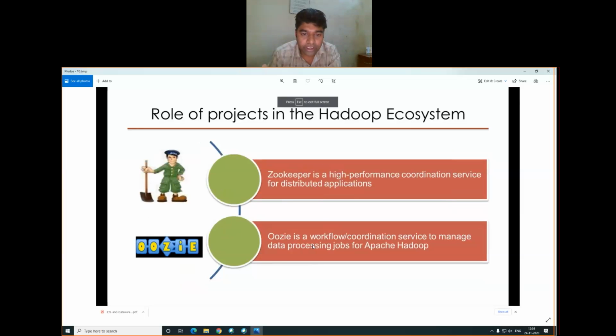Next we have Zookeeper. It is a high performance coordination service used for distributed applications. Oozie is a workflow and coordination service to manage data processing jobs for Apache Hadoop.